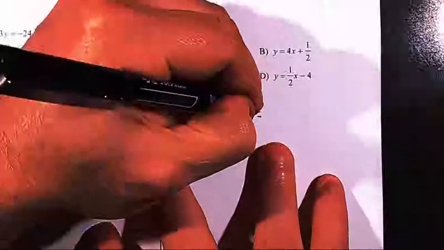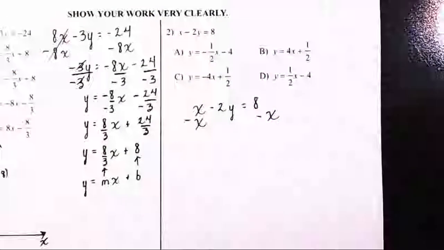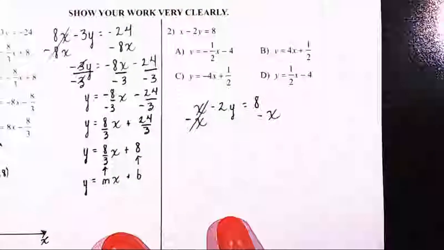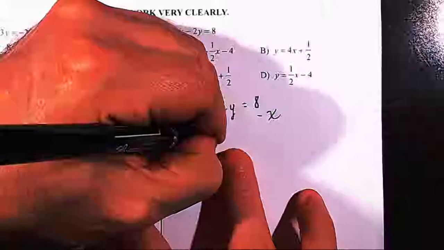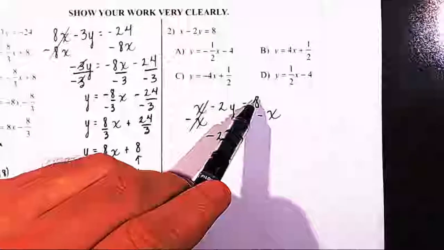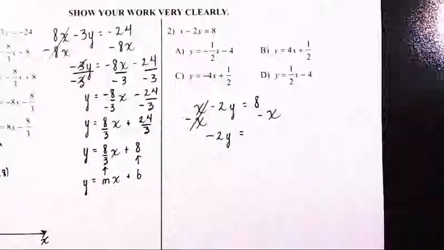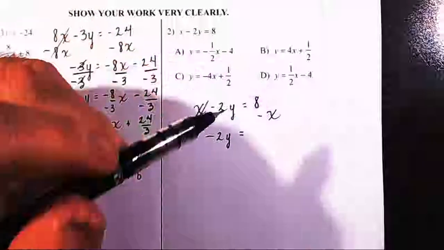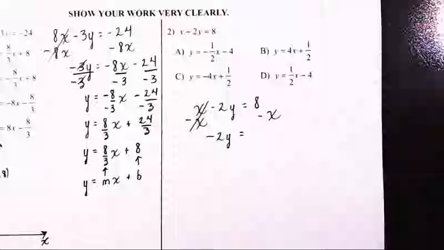So first, I'll subtract x from both sides. On the left, it cancels, and I'll rewrite what I have. Negative 2y equals, I want to reiterate here, we can't combine anything with 8 and negative x, so they have to just exist independently. So I have positive 8 and negative x.